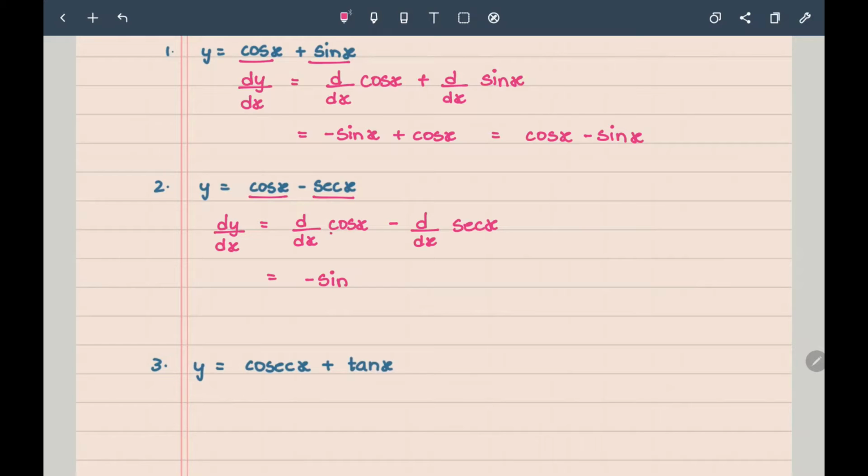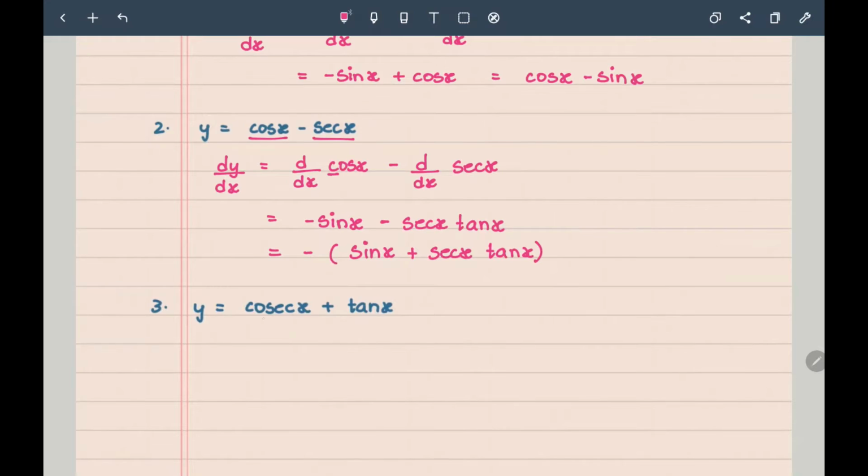So whenever there is c, you will get a minus, sin x minus secant x tan x. You can simplify this if needed by taking minus common and write it as minus of sin x plus secant x tan x.